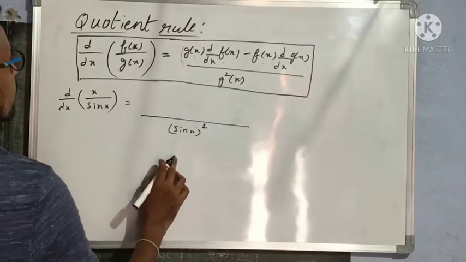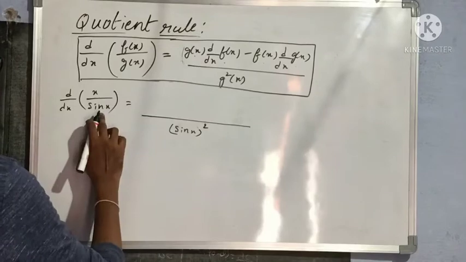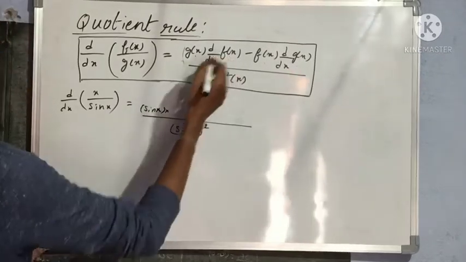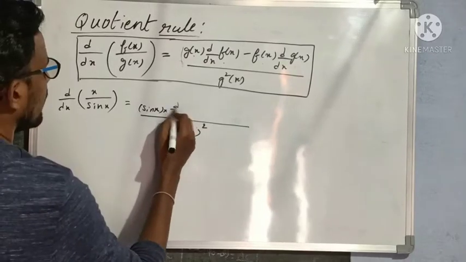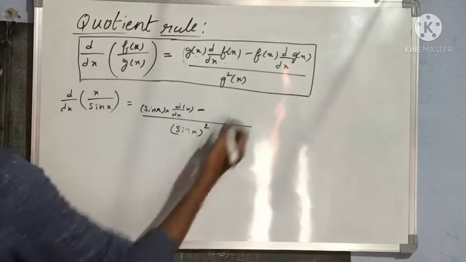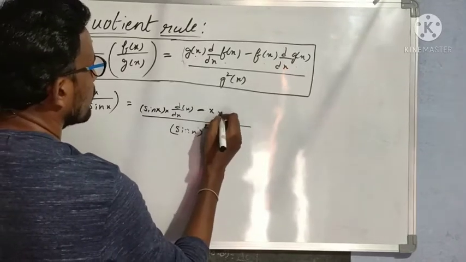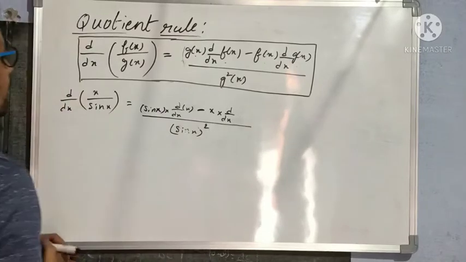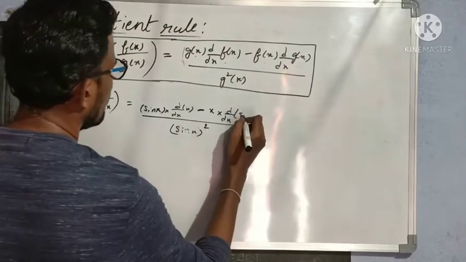Numerator, first you take g of x, that is denominator as it is, sin x into d by dx of numerator, that is d by dx of x. Again minus, now again numerator as it is, x into d by dx of denominator, that is sin x.